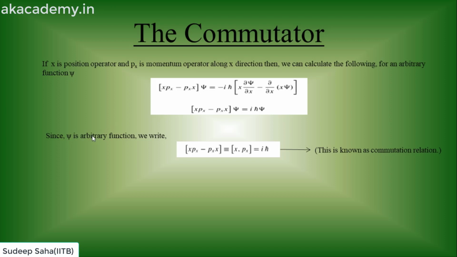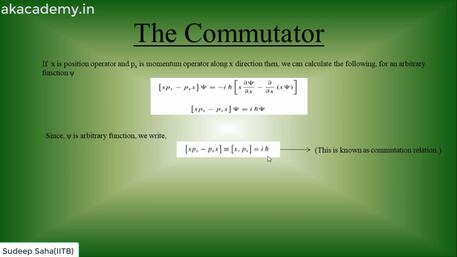Now since psi is an arbitrary function, we can write x px minus px x as the bracket [x, px], which is i h bar. This is known as the commutation relation. We'll know more about this commutation relation in the later course, what it actually means.